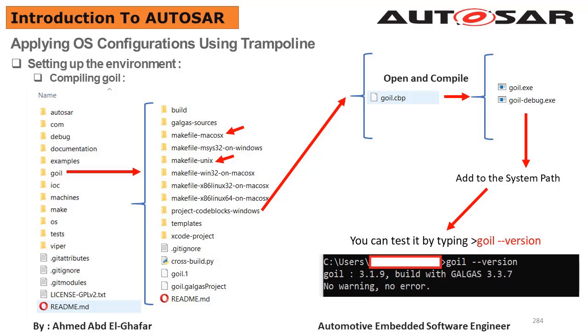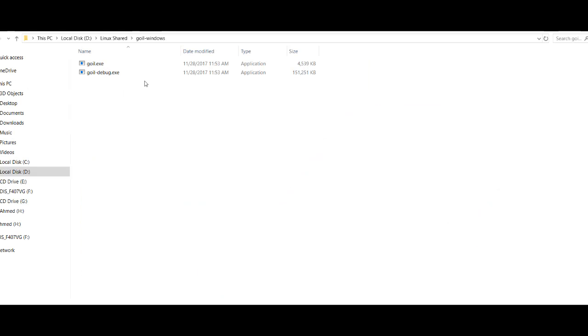If you are a Linux user, you need to refer to the Trampoline user manual to continue compiling Viper. Now, after compiling GOIL, we have goil.exe and goil-debug.exe, and we need to add this path to the Windows system path.